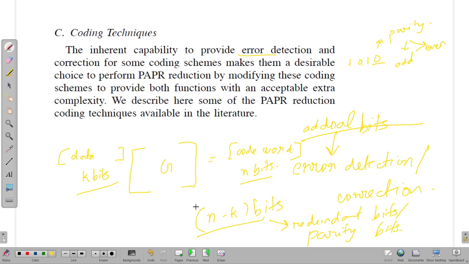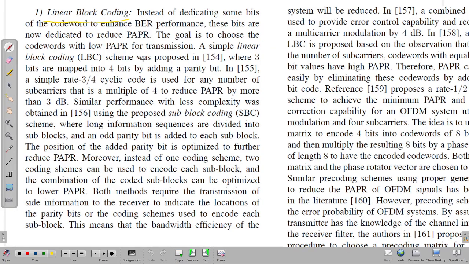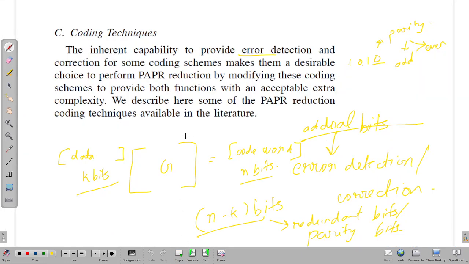And the idea is, how can linear block coding be used to reduce PAPR? This generator matrix can be of different types. Here the idea is to use different generator matrices, and when you multiply data with the generator matrix, you will have a particular code word, and you transmit the code word with the lowest PAPR. That is the idea that we use here.